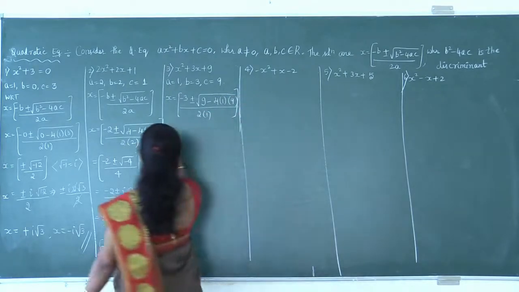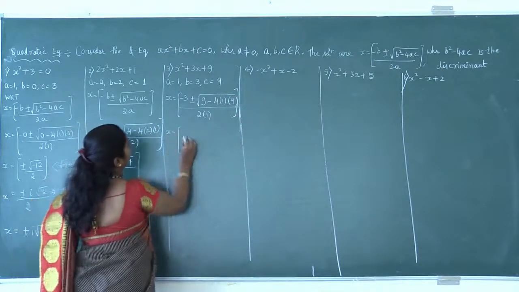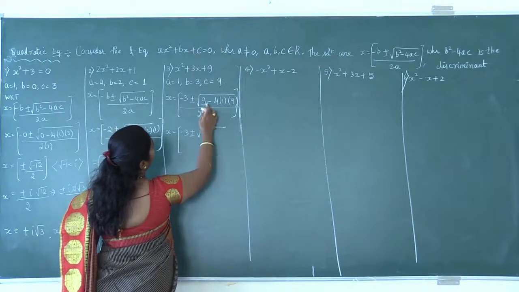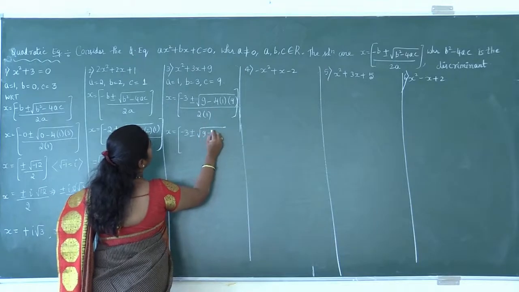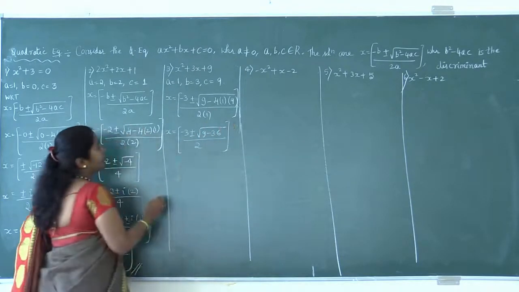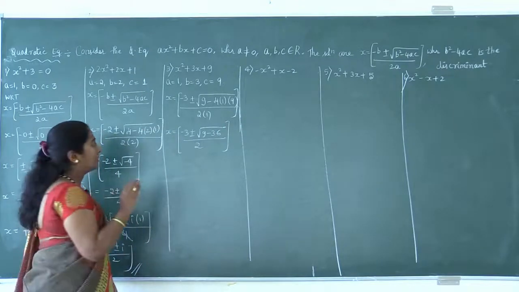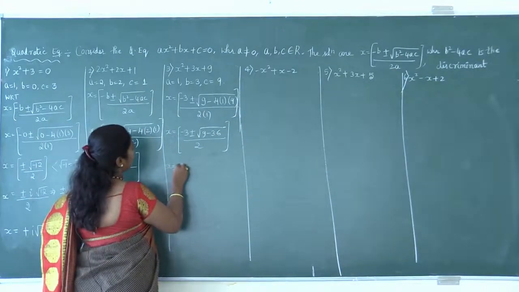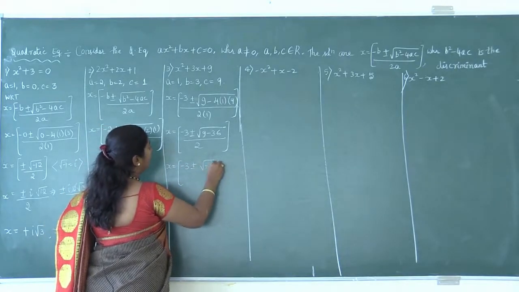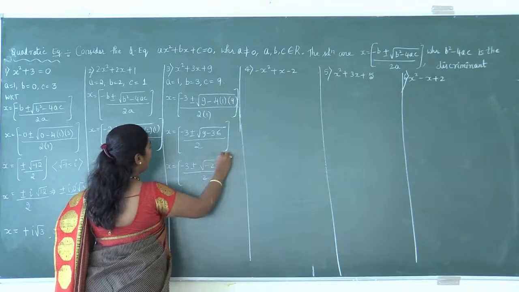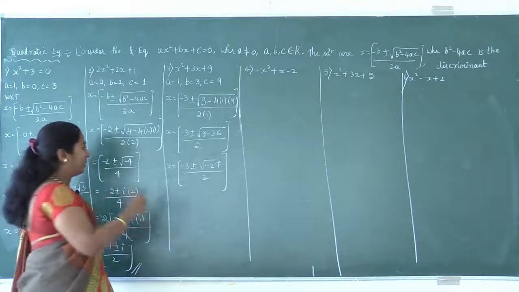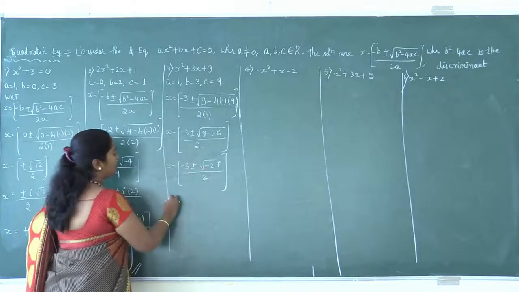So this is x is equal to minus 3 plus or minus root of 9 minus, 9 fours are 36, so 9 minus 36, divided by 2. What is 9 minus 36? Minus 27. So x is equal to minus 3 plus or minus root of minus 27 divided by 2. What is root of minus 1 taken as? i. So I need to represent it in terms of an imaginary number here.